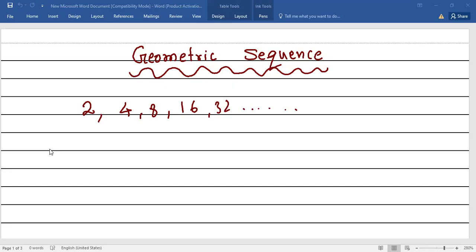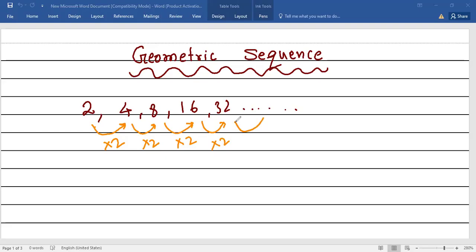If you look into the pattern, we are multiplying by 2 and we are getting 4. Again we are multiplying by 2, we are getting 8. Again 2, we are getting 16. Again we are multiplying 2, we are getting 32. So there is a pattern that every number is obtained by multiplying 2 with the previous number.